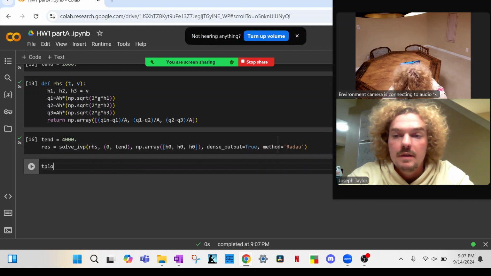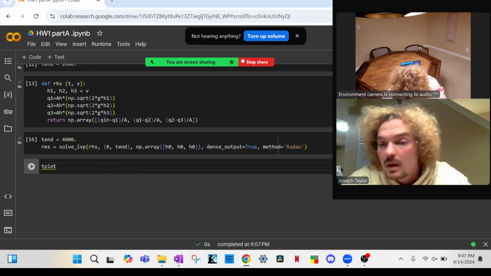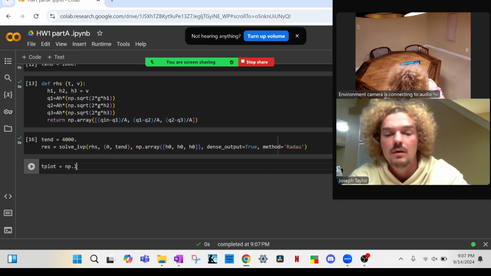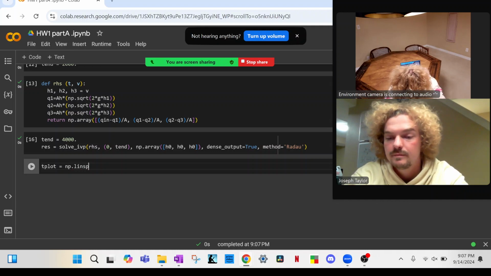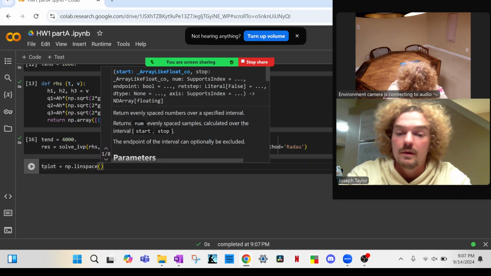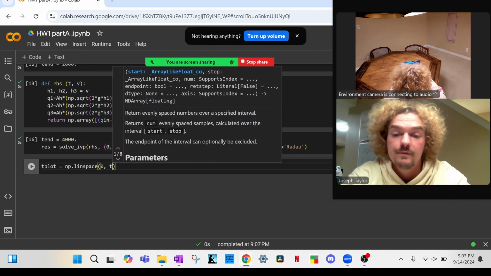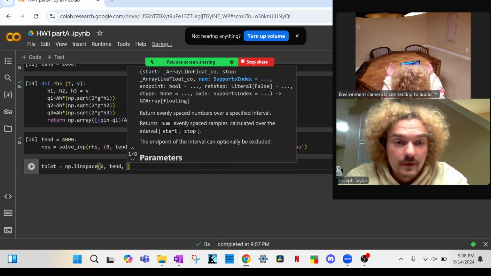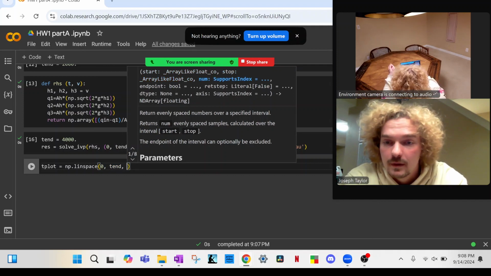So now we're going to do t plot, which is going to be equal to np.linspace. Unfortunately, this I do not have extensive knowledge of. I just know that when you put all this together, it makes a graph.